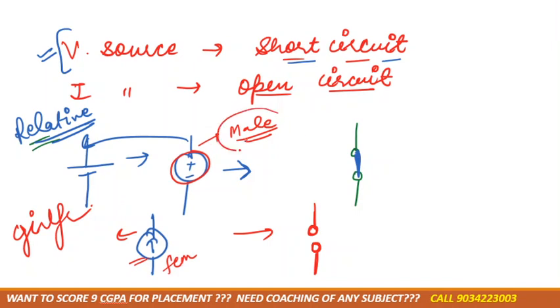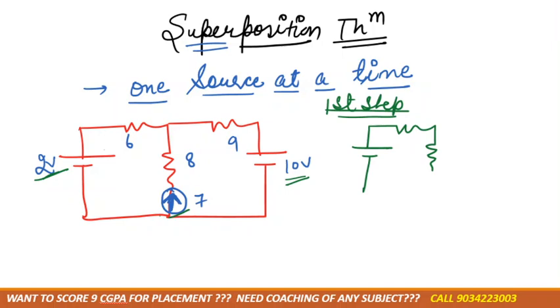So for the voltage source, that must be short circuit. Short circuit means removing that source and connecting with a plain wire. And for the current source, it would be an open circuit. Understood? Back to this. Now in this, as I told you, in the first step we'll take the first source, that is the 2 volt voltage source, and the other 7 ampere source would be open circuit because it's a current source.